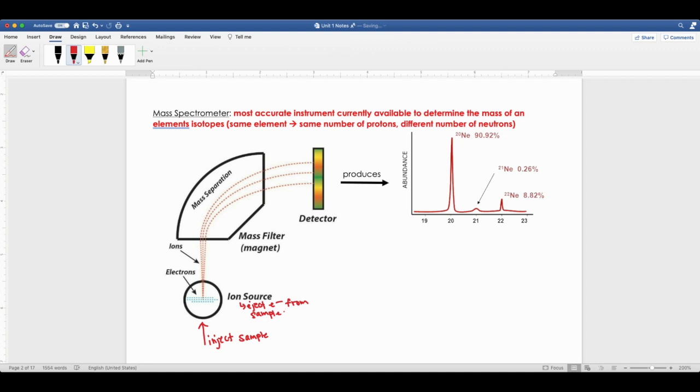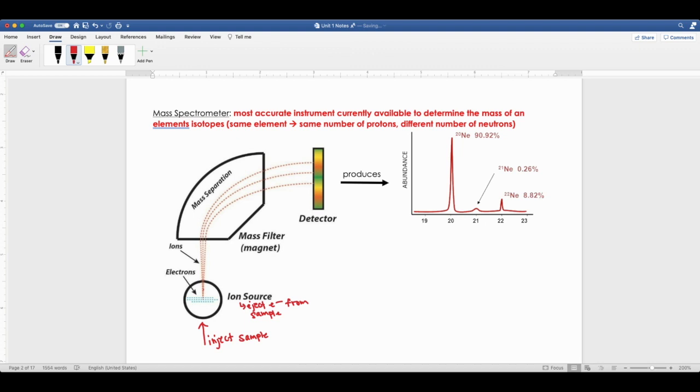Those ions run through this mass filter, or basically a giant magnet. When we inject that sample, all of those are going to have the same affinity, I guess, is what we could say. But because they have different masses, we have to separate those isotopes based on their masses.